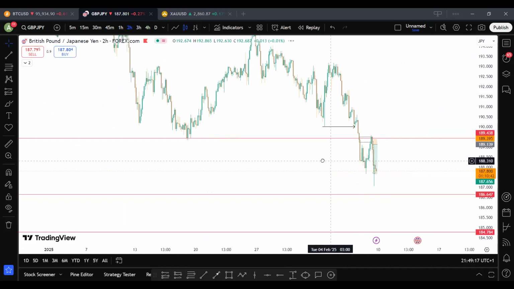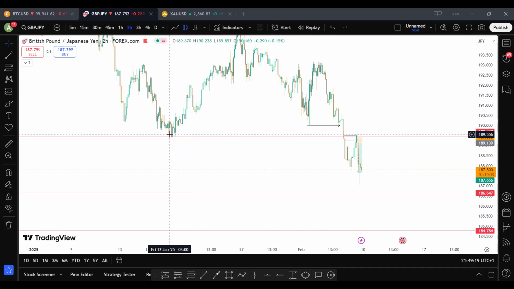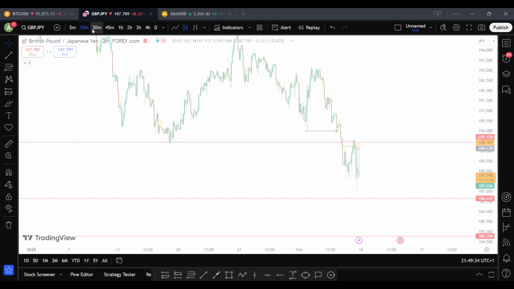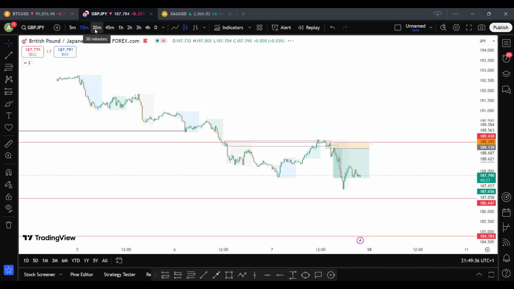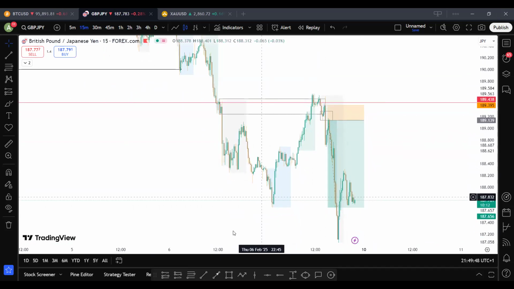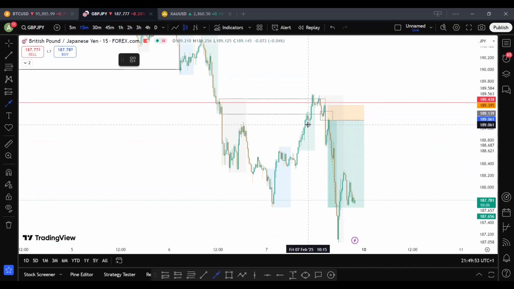What I did here is just to look for a support zone that turned into resistance, then waited for market to come down there. Well, at first, I saw this other block. I tried using this other block here because of this inducement. Market hit me out and then broke structure to the downside. So this should have been more like a second entry for me if I had taken it.